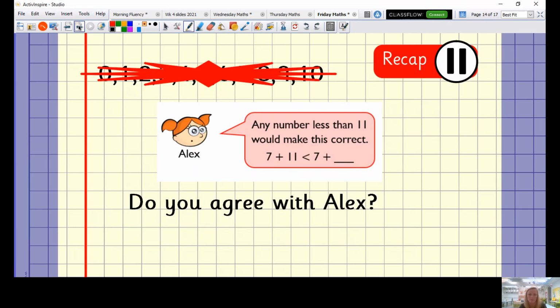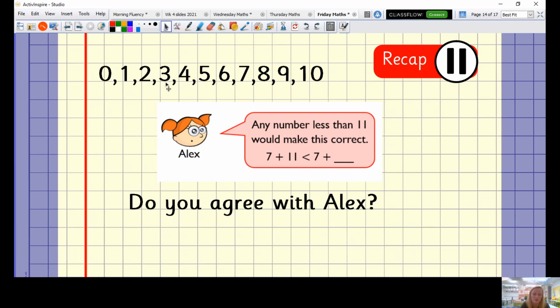Okay, this one's a bit tricky. Trickier. Any number less than 11, so the numbers less than 11 are 10, 9, 8, 7, 6, 5, 4, 3, 2, 1, and 0. But any number less than 11 would make this correct.